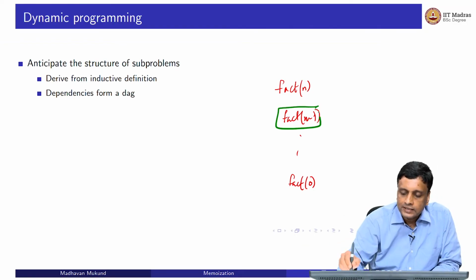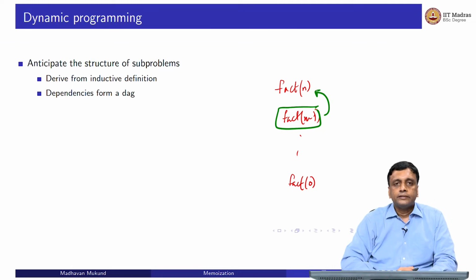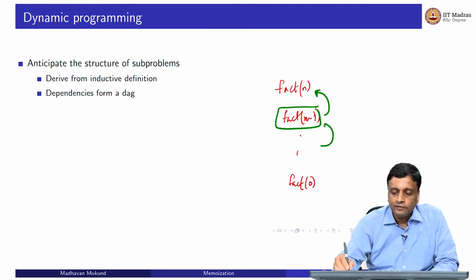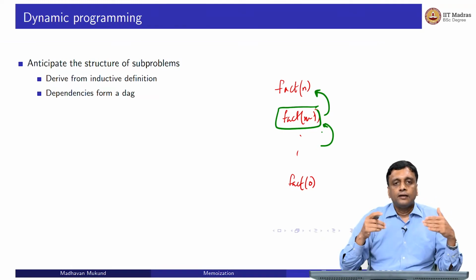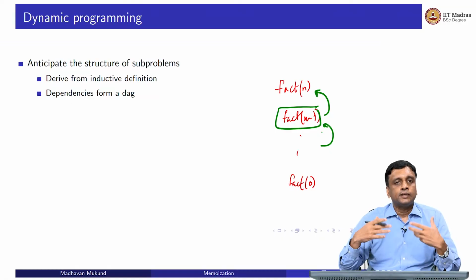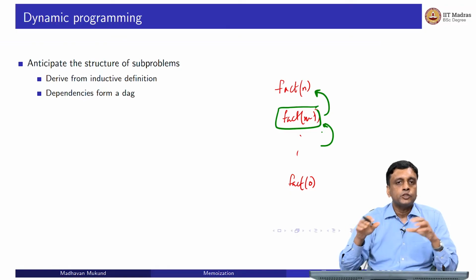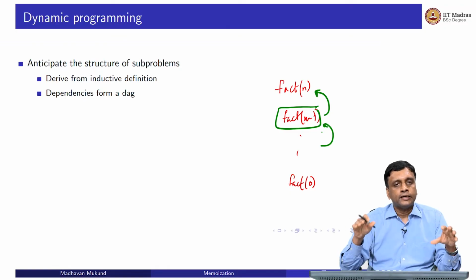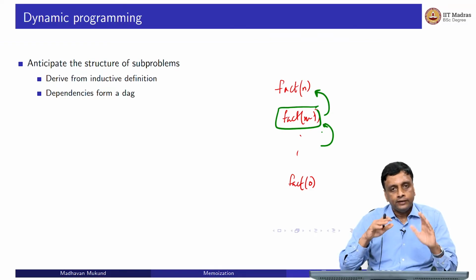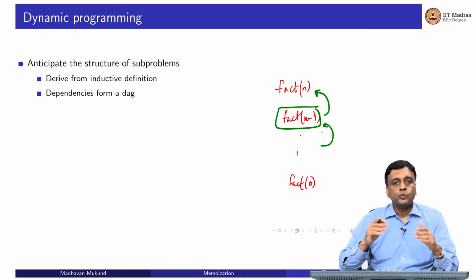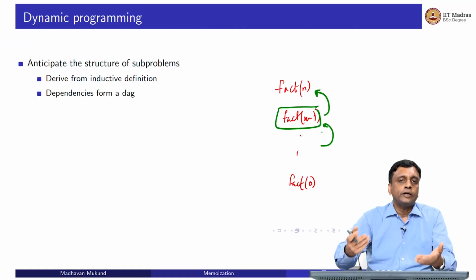So this is the immediate subproblem which gives the answer, but for that I will need the previous subproblem and so on. So there is a kind of dependency structure among the subproblems. For Fibonacci it is n minus 1, n minus 2. If I know n minus 1 and n minus 2, I can solve n. For factorial it is n minus 1, but then n minus 1 in turn depends on n minus 2, n minus 2 in turn depends on n minus 3, and it goes all the way down to 0.